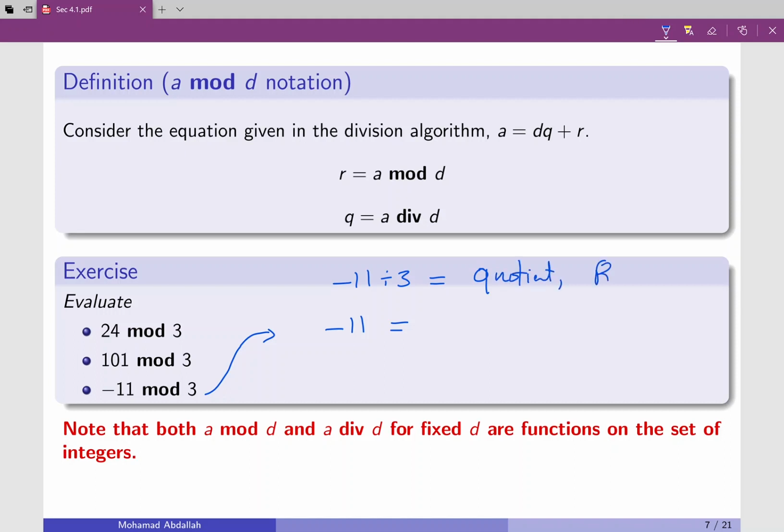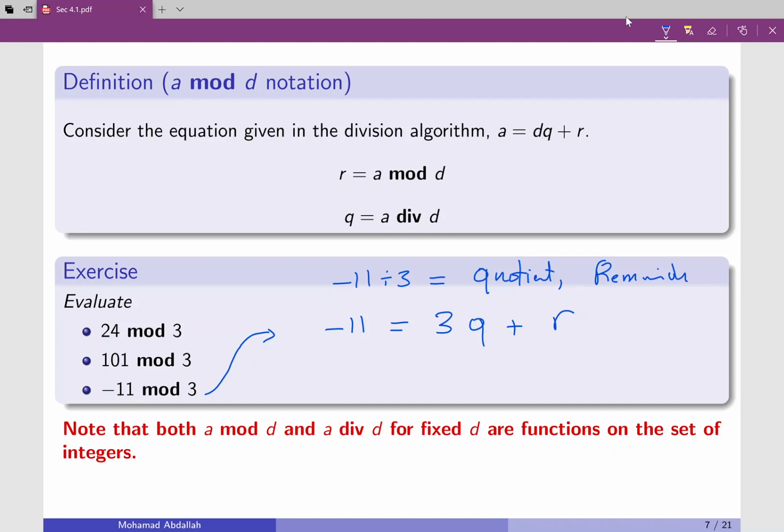And I do have a restriction about the remainder. So this is going to be 3 multiplied by the quotient plus the remainder. Well, let's just take 11. If you divide 11 by 3, you're going to get 3, since 3 times 3 is 9. But you have to be careful here. For negative 11 divided by 3, the quotient is not going to be negative 3.